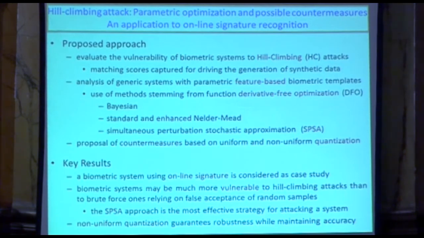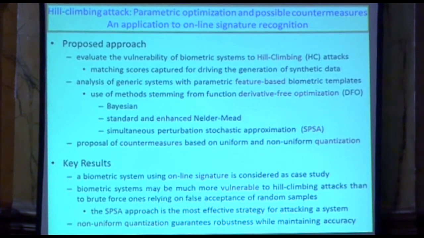We have also considered possible methods for providing some countermeasures against this kind of attack, which are basically based on uniform and non-uniform score quantization. From the experimental tests we have performed, considering an online signature-based recognition system as a case study, we have found that the simultaneous perturbation stochastic approximation method is the one providing the best efficiency as an attack among the ones we have considered.